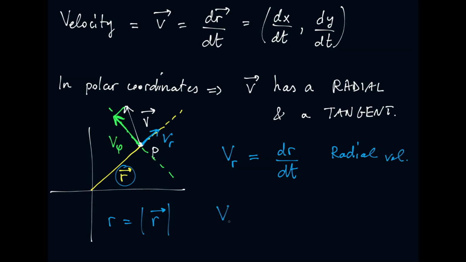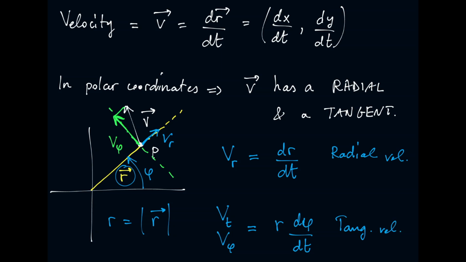The tangential velocity, either v_t or v phi, remember that this is the angle phi, is equal to r times the rate of change of phi. And this is the tangential velocity.